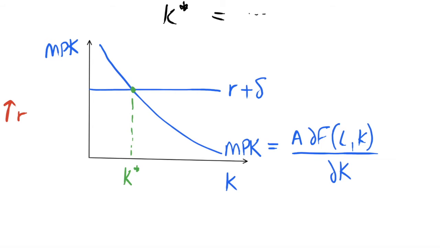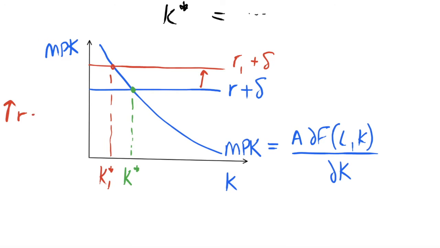So if we increase it, we are going to be shifting up this horizontal curve here to, say, R1 plus depreciation rate, where R1 is greater than R, and we see we have a new optimal level of capital, K star 1, and this is lower than our original level of capital.